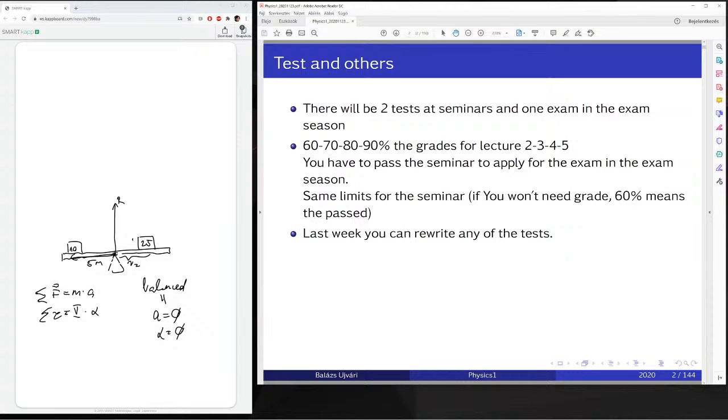For a to be 0, the sum of the F has to be 0, and for alpha to be 0, the sum of the torque has to be 0. What is the sum of the forces? We have 100 Newton here, 250 Newton here. The sum of the force is 350, so we need a 350 Newton upwards to compensate the downwards 100 plus 250.